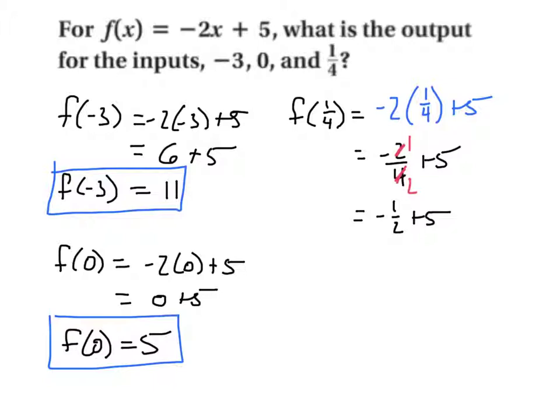Well, now we need a common denominator. Because right now, 5 is over 1. So I got to multiply the top and bottom by 2 to get my common denominator, which makes this 10 halves. So what is negative 1/2 plus 10 halves? So f of 1/4 equals 9 halves.